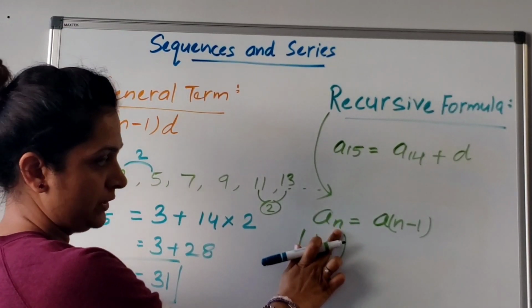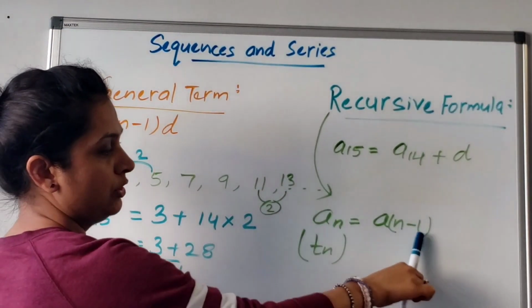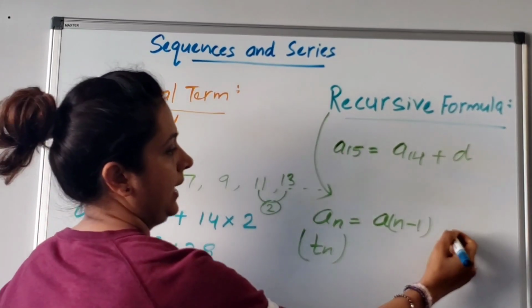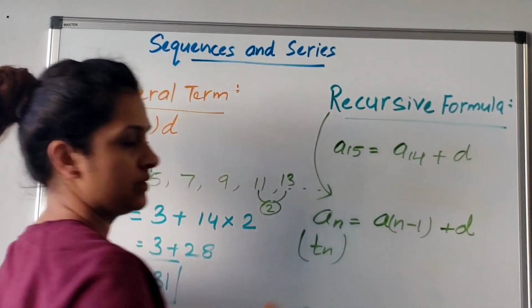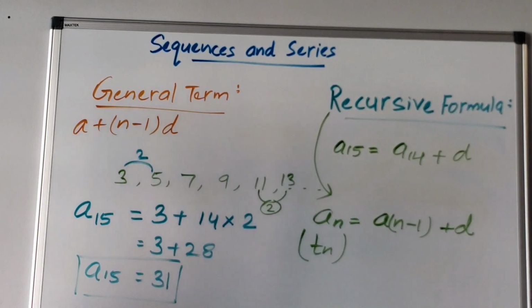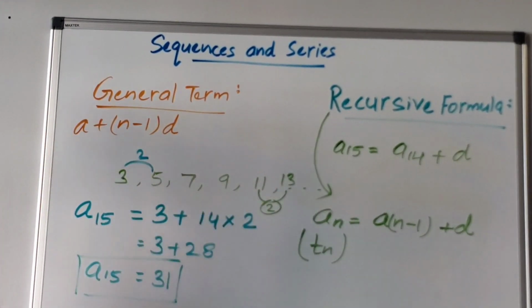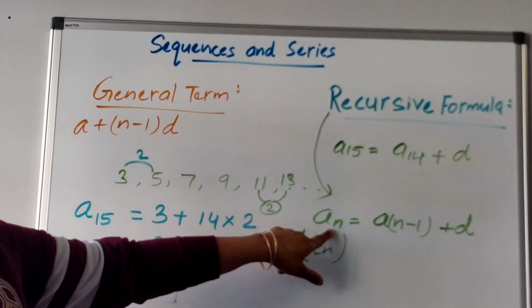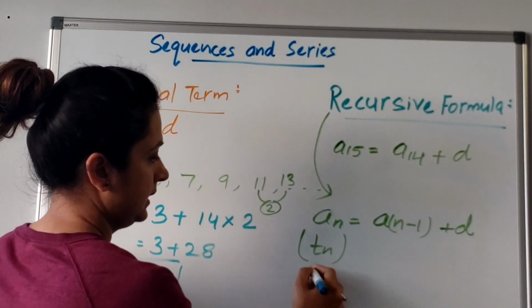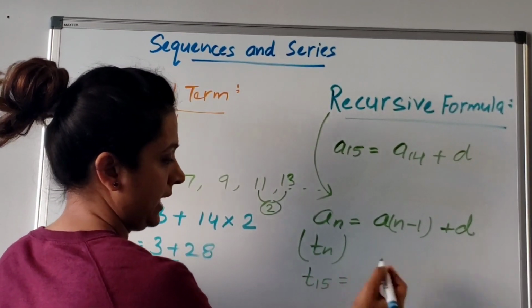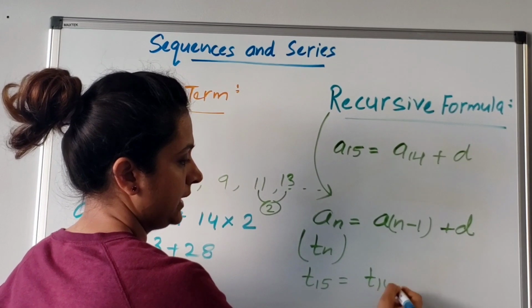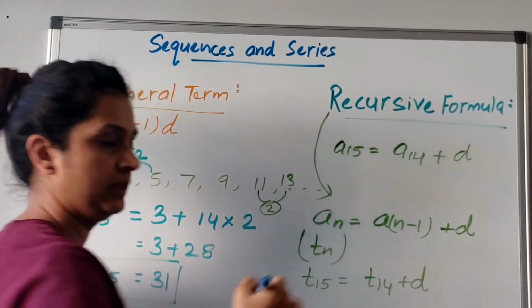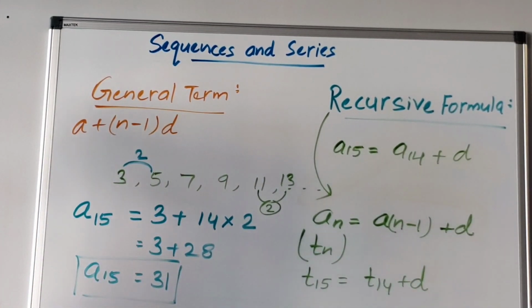So if my term was 15, I should know the 14th term, and then I add the common difference to that. So over here, in this example, if I have to find out the 15th term, that is T15, I should know T14, and I add the common difference, and I find the answer to the term that I want.